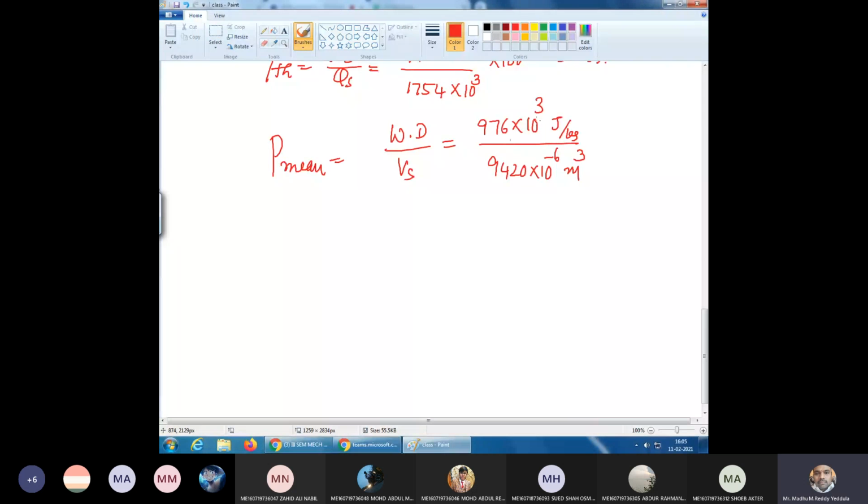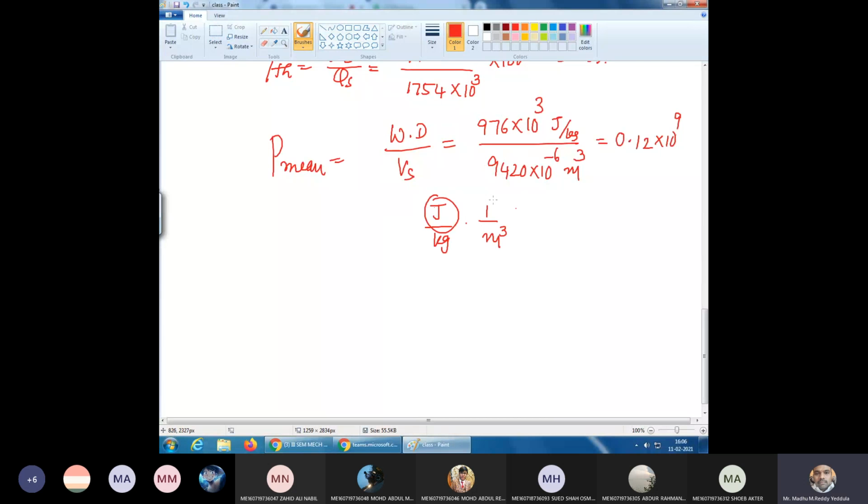The 10 power minus 6 will go up and become 10 power plus 6. Now 976 by 9420 gives 0.12, into 10 power 9, with units joules per kg into 1 by meter cube.